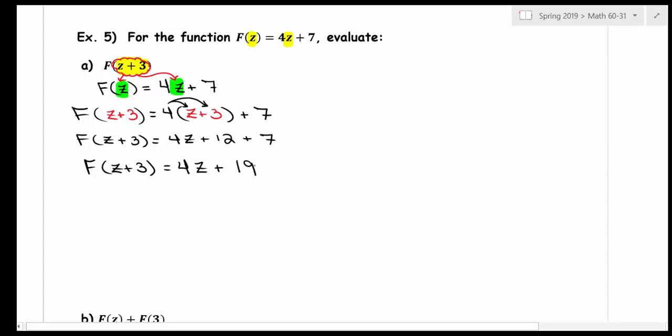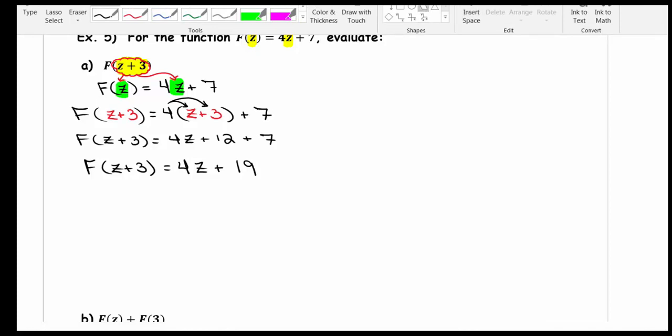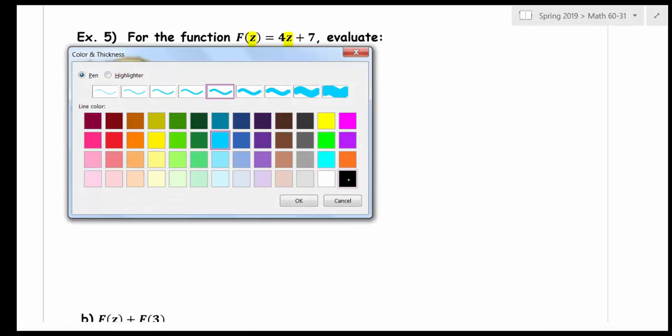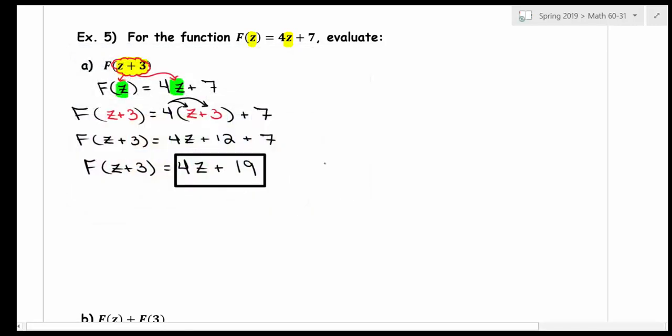And that's it, that's all we can do. So my answer is going to be 4z plus 19. Let's go ahead and box that in. There we go. Let's go ahead to the next one.